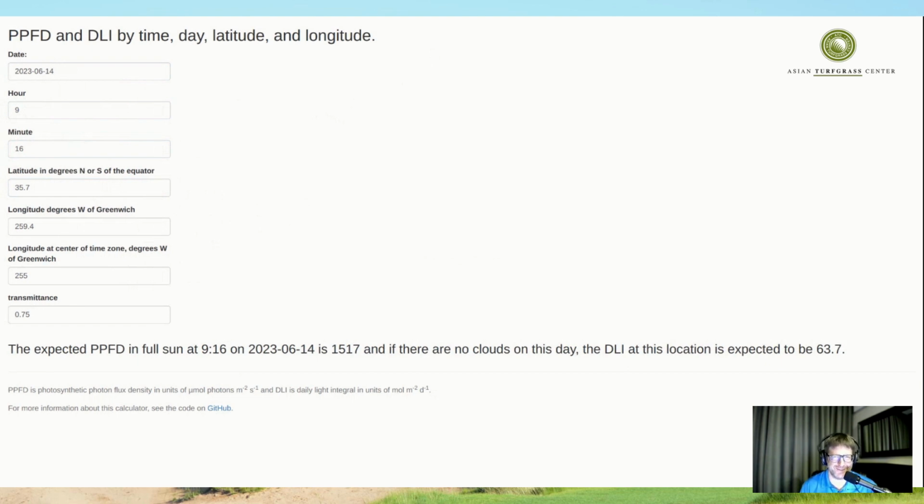So that gives you that number. And these are necessary to calculate solar noon, and there's a lot of calculations involved to find out at your exact location how much light there is at the particular time of day that you're asking to get the information.